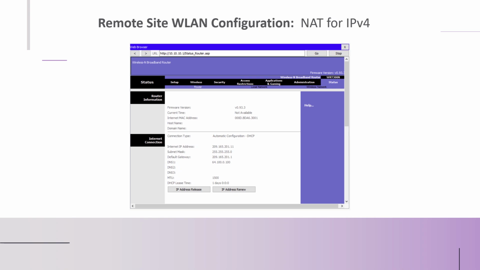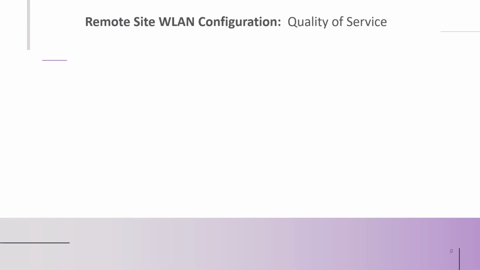And many wireless routers have an option for configuring quality of service, and by configuring this, you can guarantee that certain traffic types, such as voice and video, are prioritized over traffic that is not as time sensitive, such as email or web browsing.